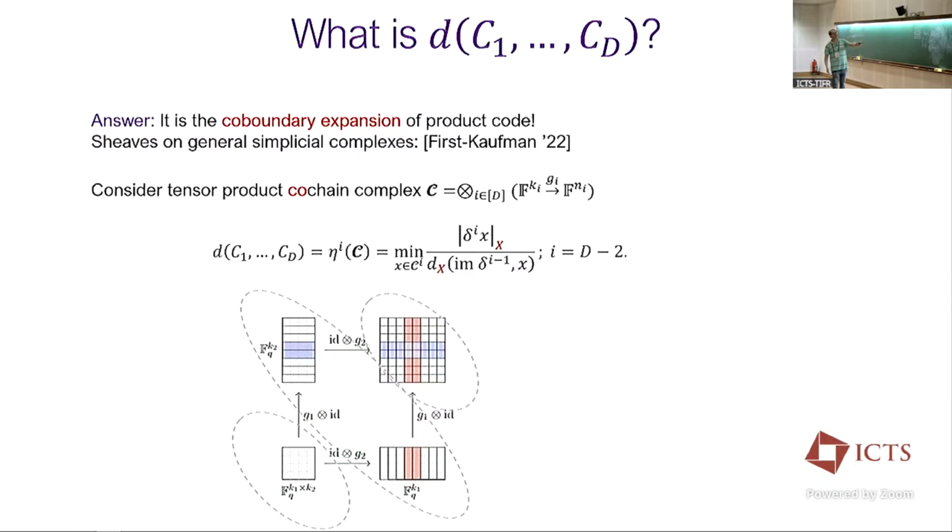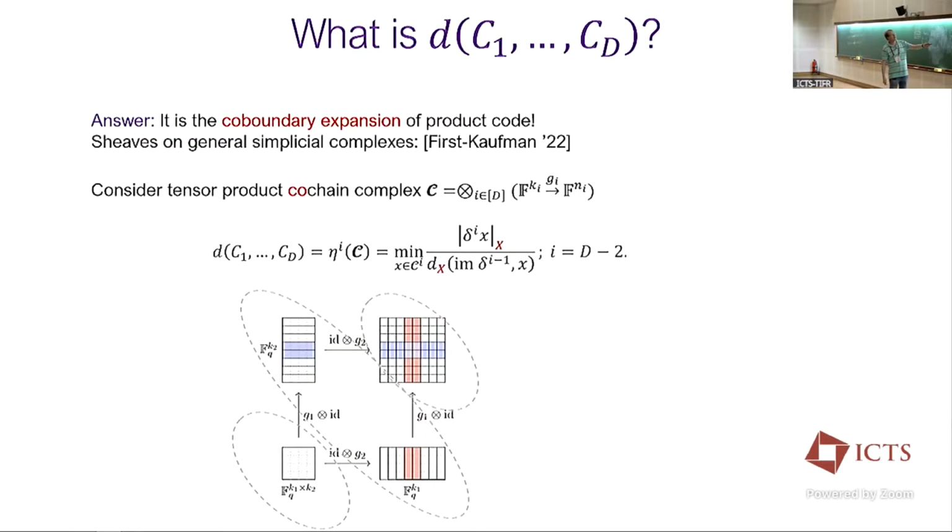So first of all, we need to define a chain complex out of the tensor product code. And we already saw that when we describe hypergraph product codes, we have a natural chain complex that corresponds to the tensor product. But here I use a little bit different one.